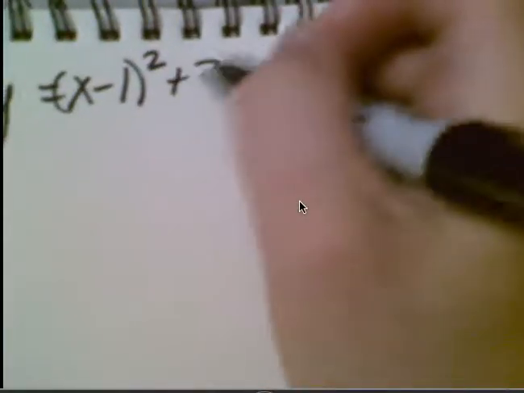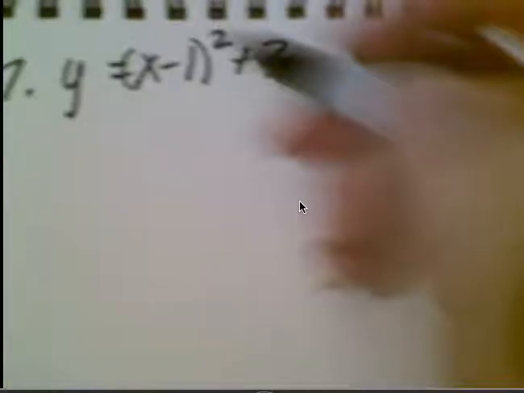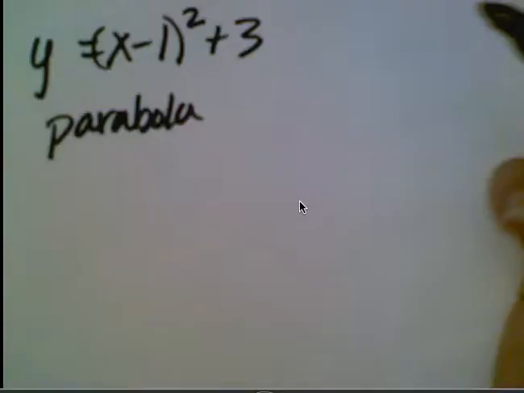So like, for instance, let's look at 7 first. 7 is y equals x minus 1 quantity squared plus 3. This is our normal parabola. Okay, quadratic.